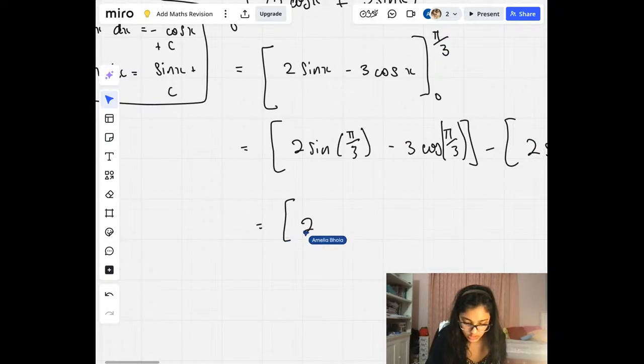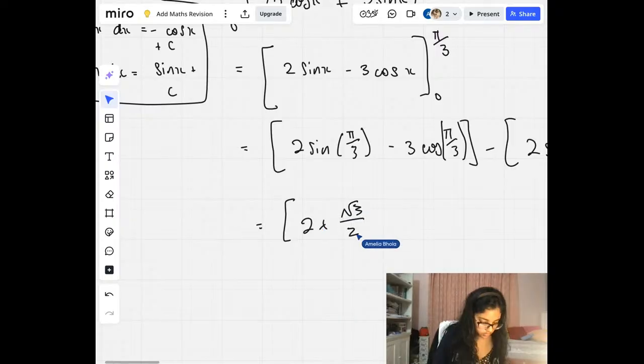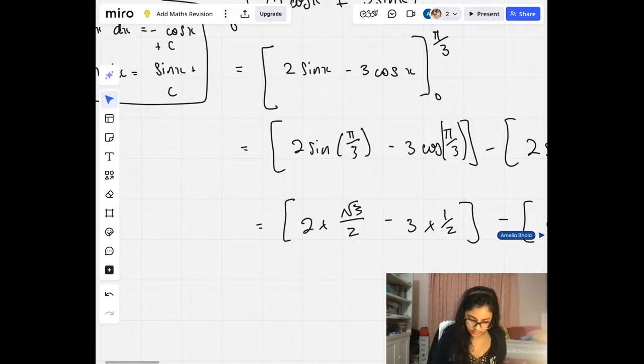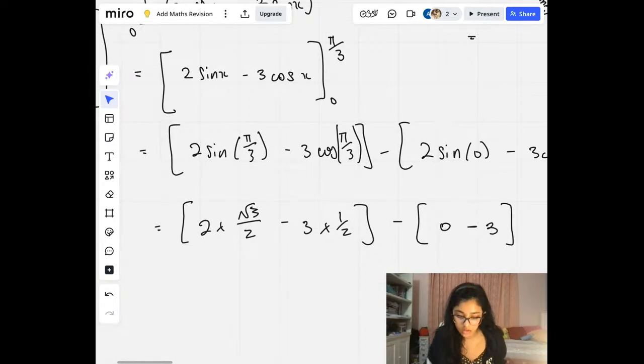So this is 2 by root 3 over 2, should be, minus 3 by a half. 2 sine 0 is just 0. And then minus 3 cosine 0 is 3. 2.96. Okay, alright. Yeah, I get it.